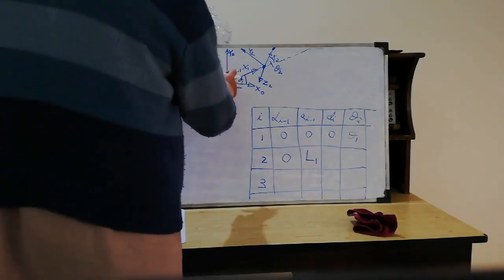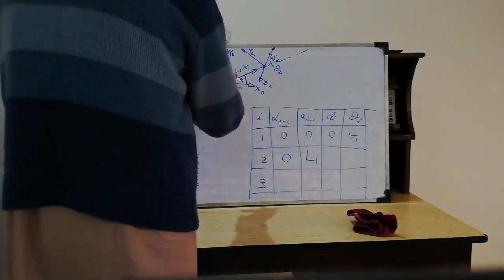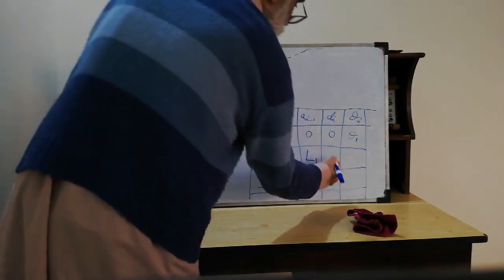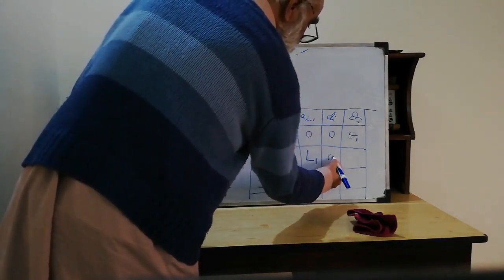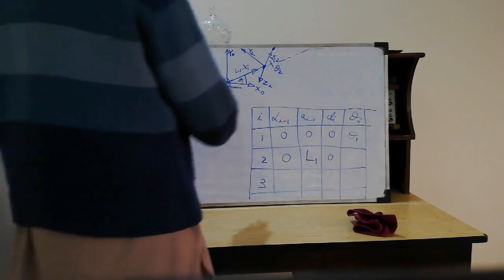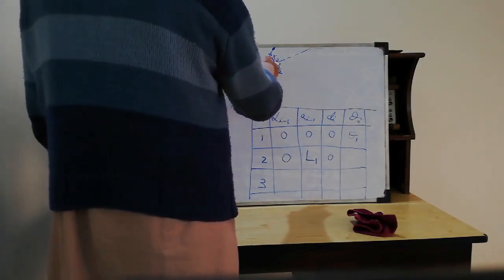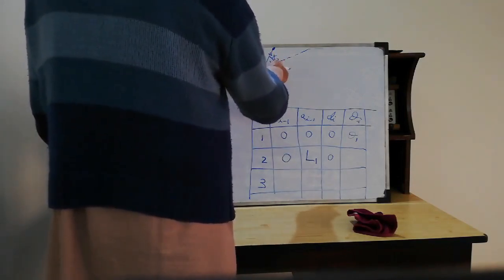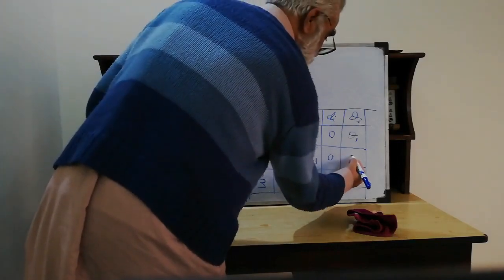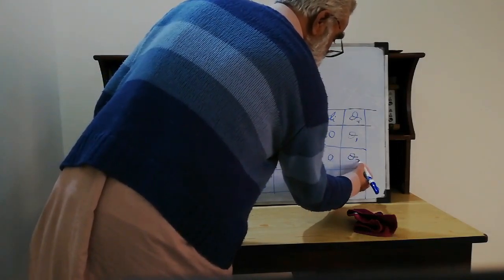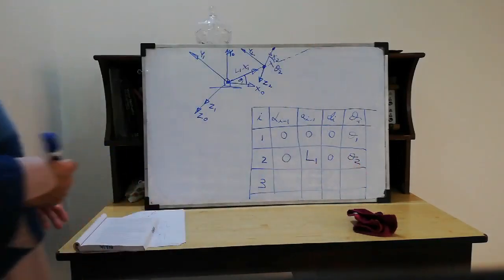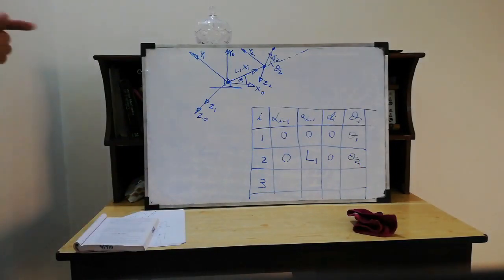There is no offset between joint 1 and joint 2, therefore di will be equal to 0, and the angle between x2 and x1 is theta 2. Okay, so we got this here.